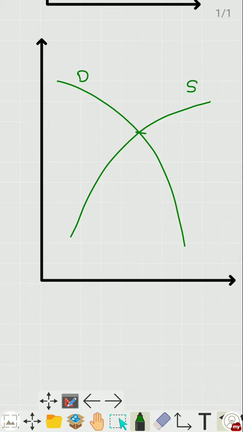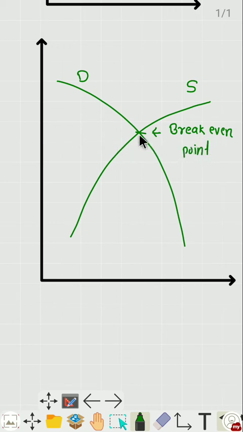That point is called the equilibrium point or break-even point.